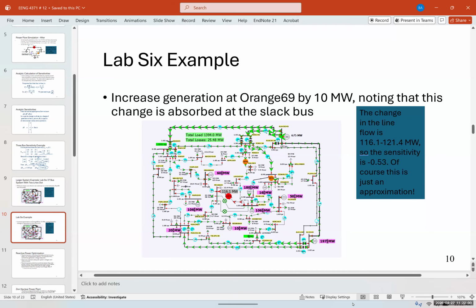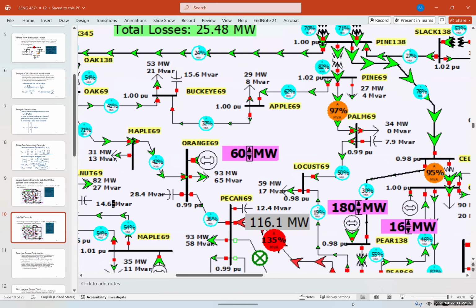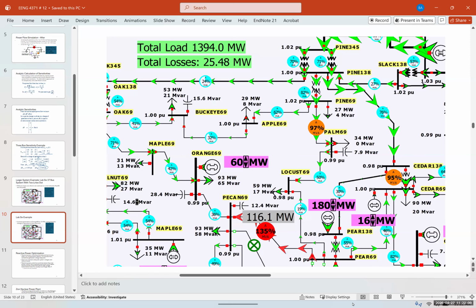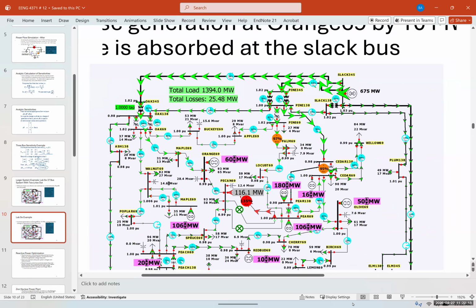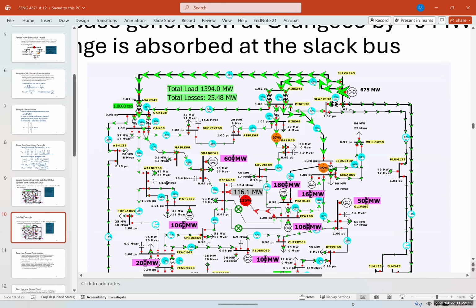Now, what we do here, as mentioned, and you can read faster than I can on the slide. So we increase generation at Orange 69 bus by 10 megawatts. Orange 69 is here. If you zoom in, you can see all of them. And before the changes, the overload line is carrying 121.4 megawatts. And after the change, it drops to 116.1 megawatts.